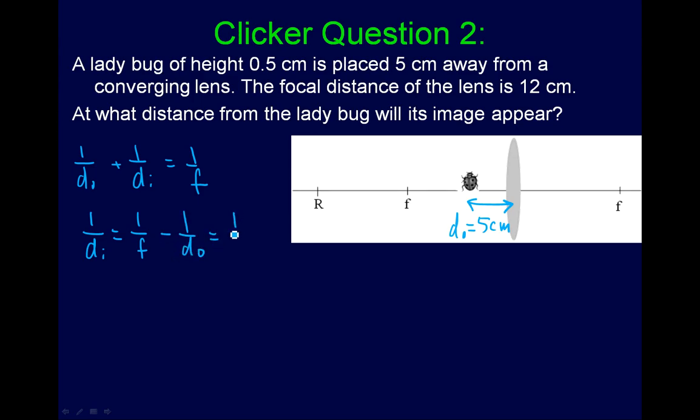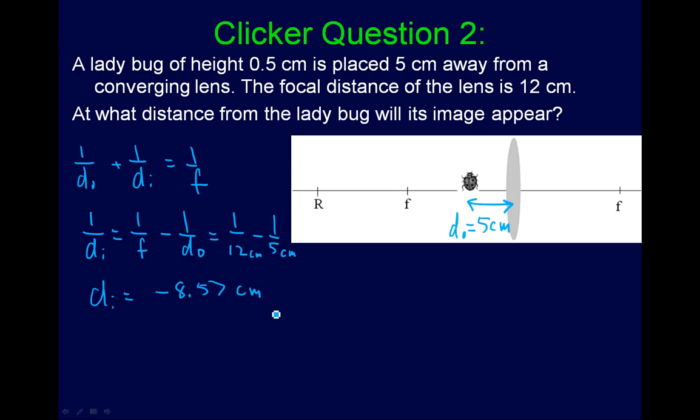For us, that's 1 over 12 minus 1 over 5. When I plugged in everything, I got my DI to be negative 8.57. And of course the units would be centimeters. Since we're using everything in centimeters, it's just fine to keep everything in centimeters because it's the only thing you're using. Now we've got to interpret that.